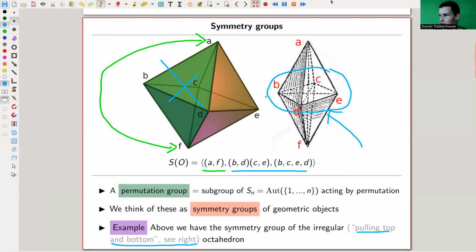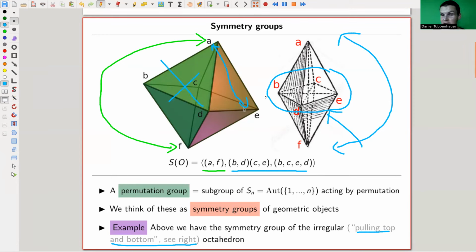And the other two are just swapping bottom and top, which still makes sense. But there's no symmetry anymore, for example, swapping E and F, because I broke that symmetry. To make my life a bit easier, the group is a little bit smaller. So S of the irregular octahedron on this side is exactly this permutation group generated by those elements. And again, I think of them as just operating in the indicated way on the geometric object.